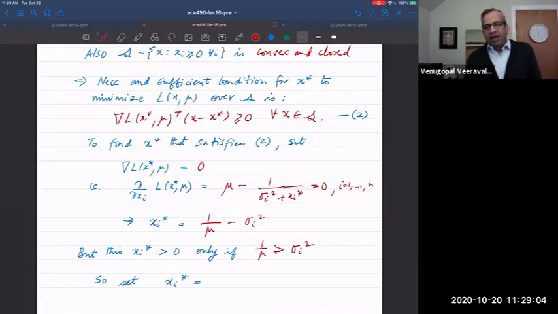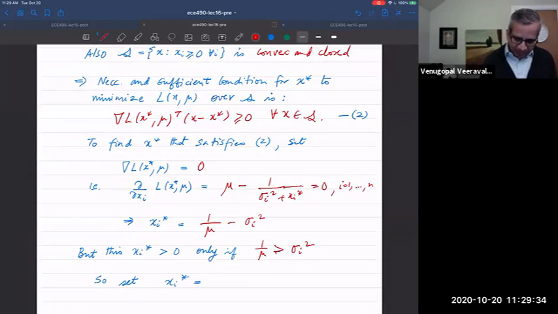Because if xi star is not positive, then that component of the gradient will not necessarily equal 0. So in that case we can set xi star equal to 0. That happens if 1 over mu is less than sigma i squared. We'll set xi star equal to 0. So this seems like a reasonable solution.